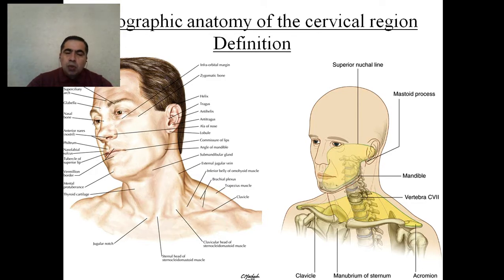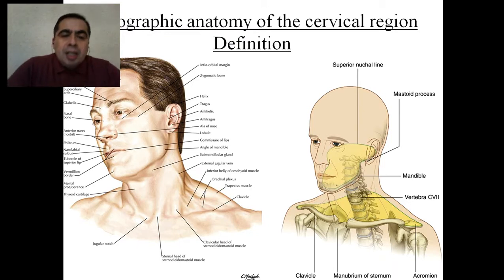It is, of course, an imaginary plane, which passes in the frontal way through the transverse processes of the cervical vertebrae, and by this frontal plane the anterior portion of the neck can be separated from its posterior portion.